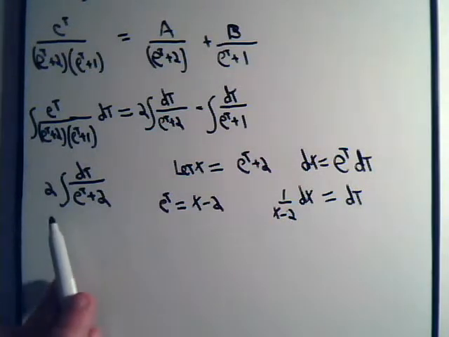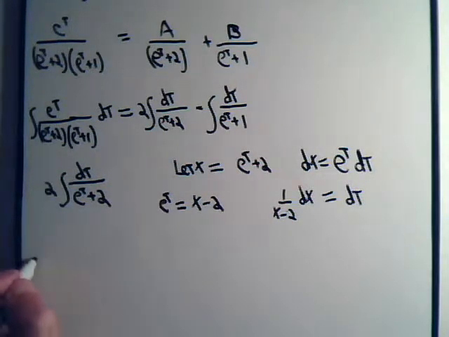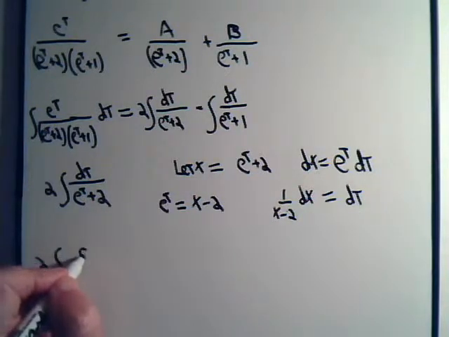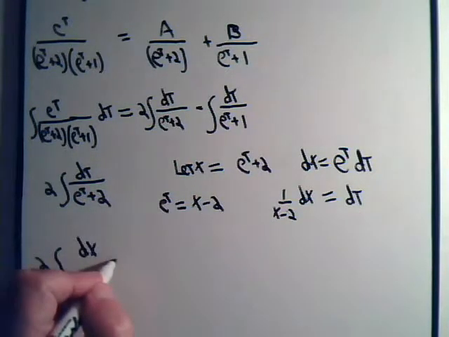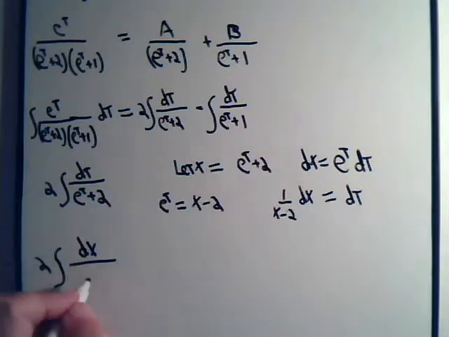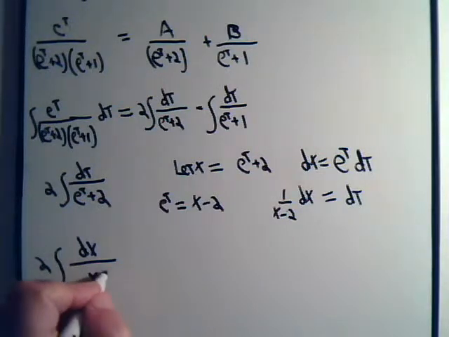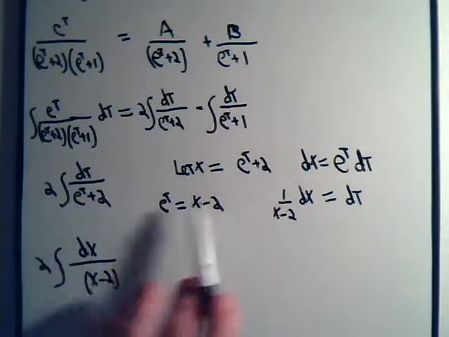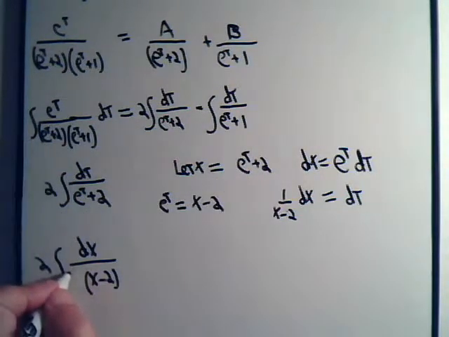Okay, let's go back to our integral. This will give us dt, that's this, dx divided by x minus 2, and this is what we call x.